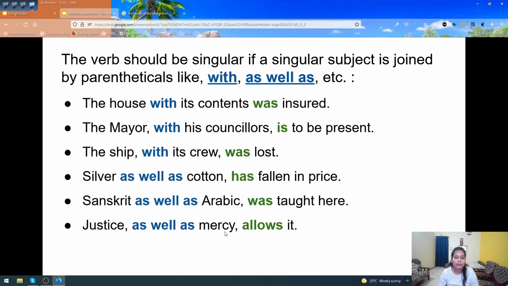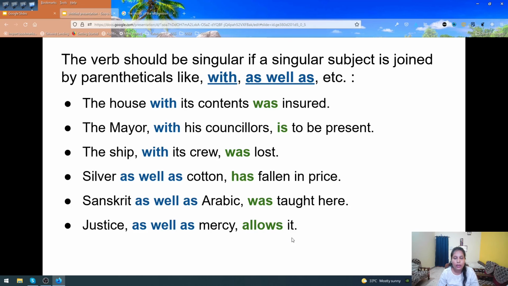Justice as well as mercy allows it. So again here we are talking about justice and mercy, which is connected by as well as, and that is why our verb is singular here, that is allows.